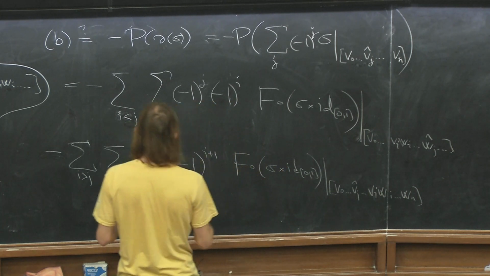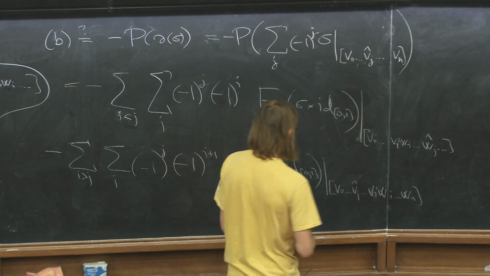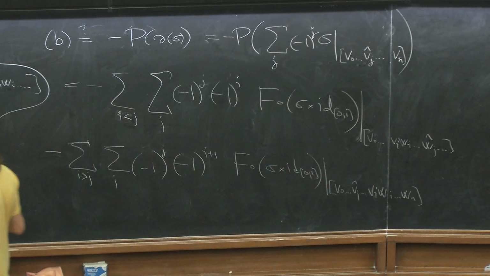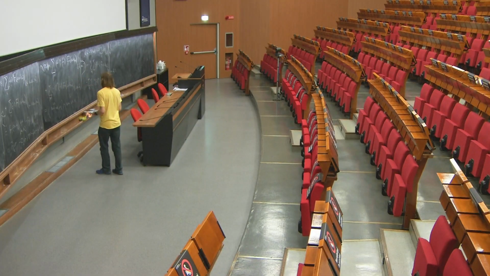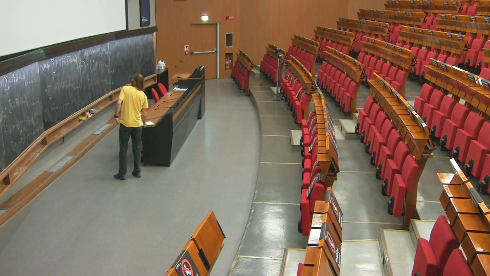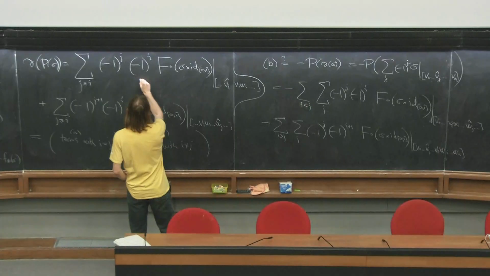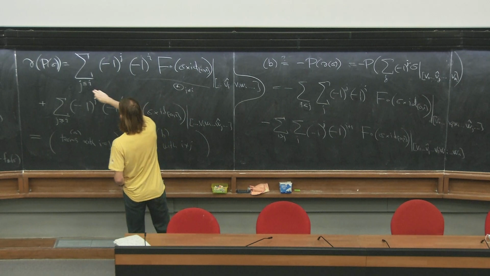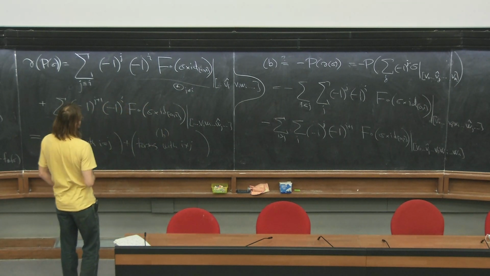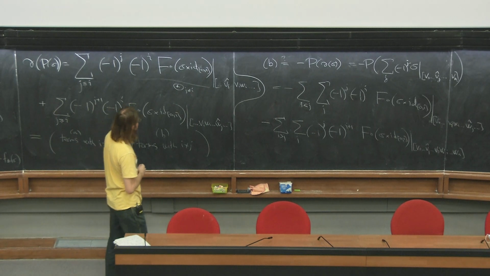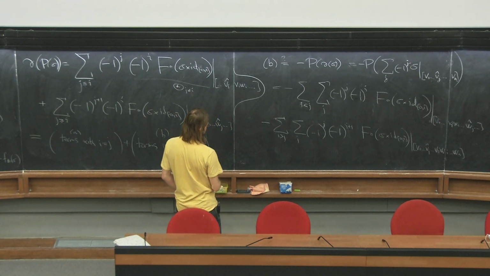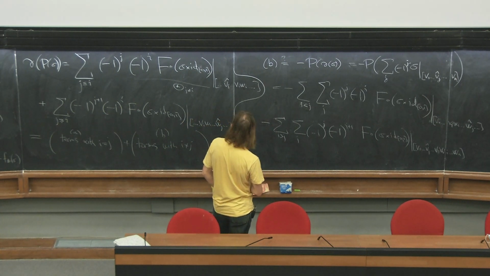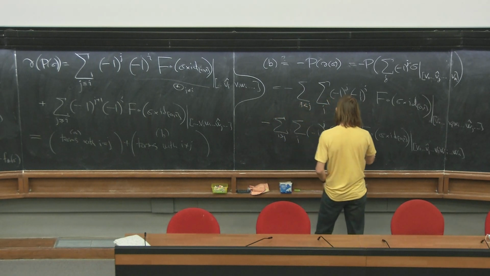Well, now we can just look at this, and also look at what we had before. And you see that this part, when we skip the terms with j equals i, is exactly this, right?